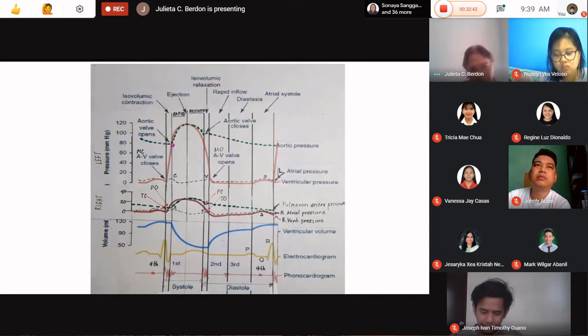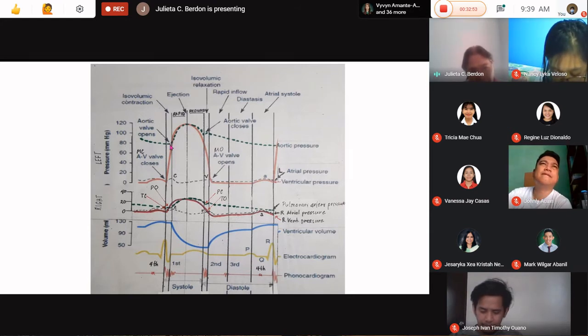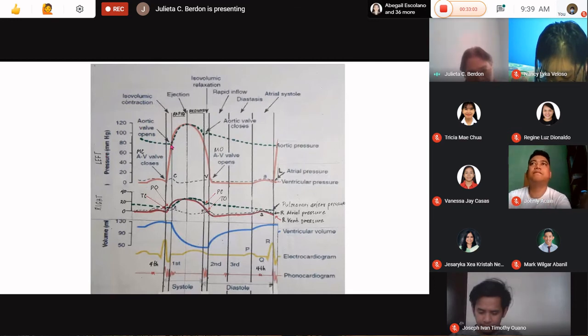Closing and opening of valves depends on the pressure gradient, the pressure difference. So the minute ventricular pressure is greater than aortic pressure, the aortic valve will open.